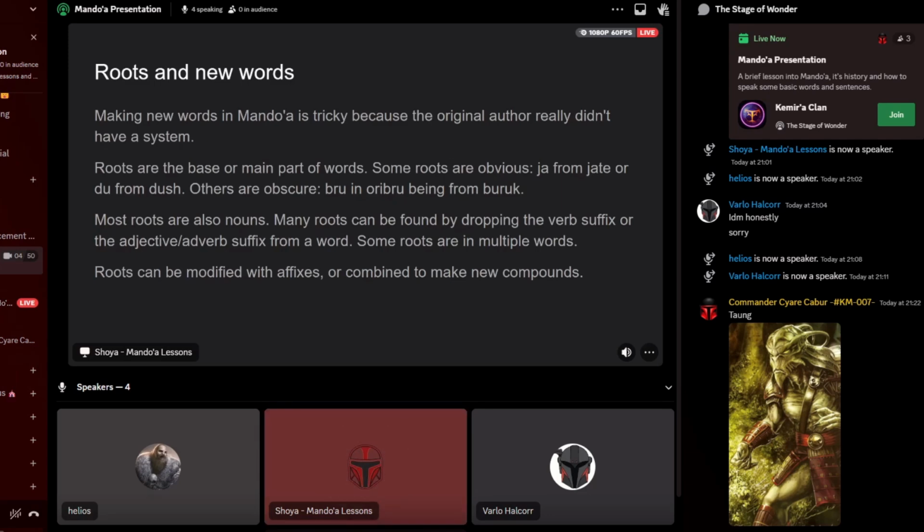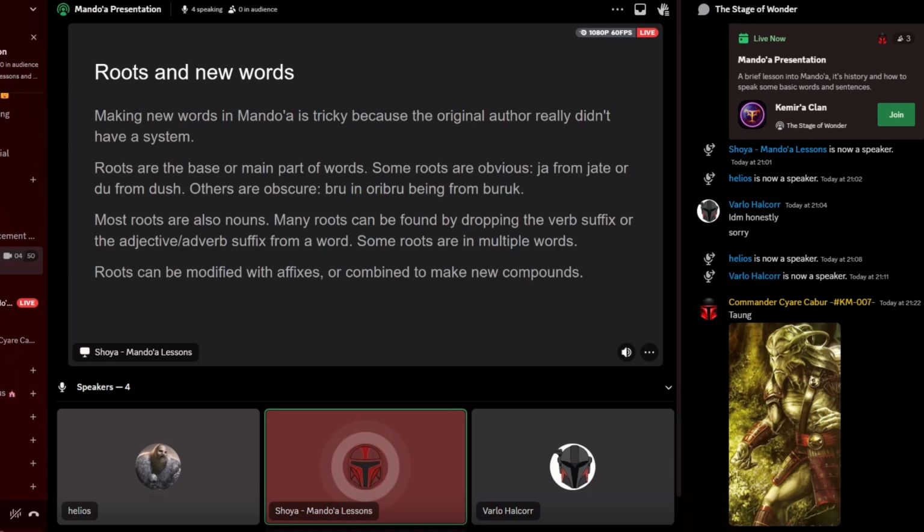Or the du from dush, pretty common. Duhal is unhealth. I think that might be a fan word. Let me think of one that isn't. Dukar means late. Du obviously from dush. Dukar literally means bad time.